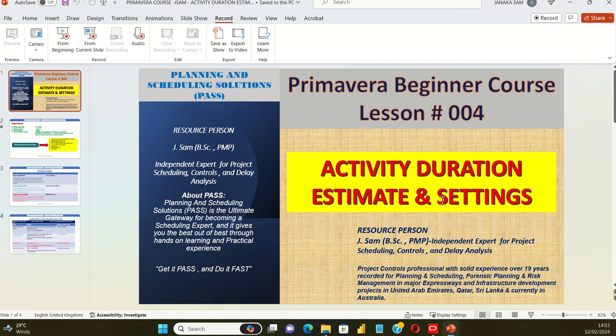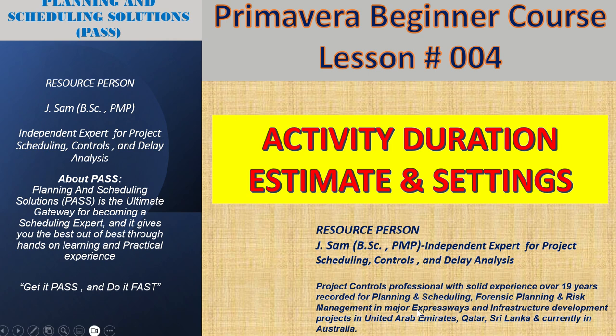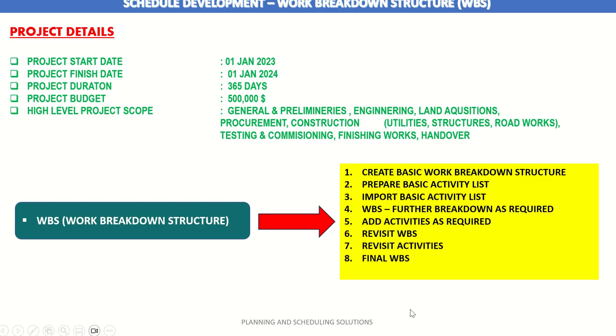Alright, I don't want to waste much time talking about the WBS structure, and I hope you did some exercise and you understand that. Okay, let's quickly jump into the next stage.